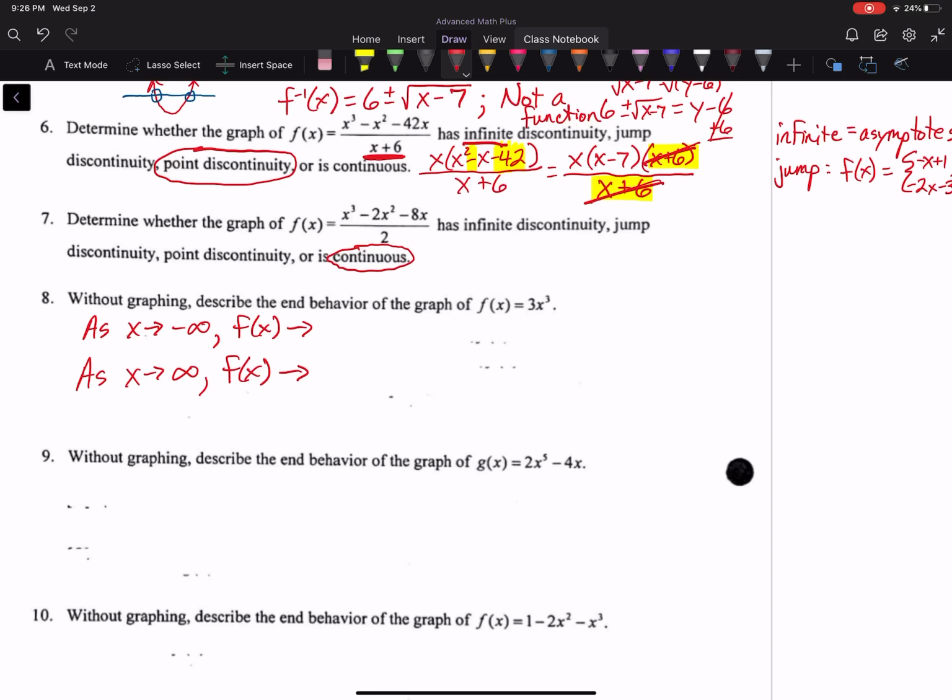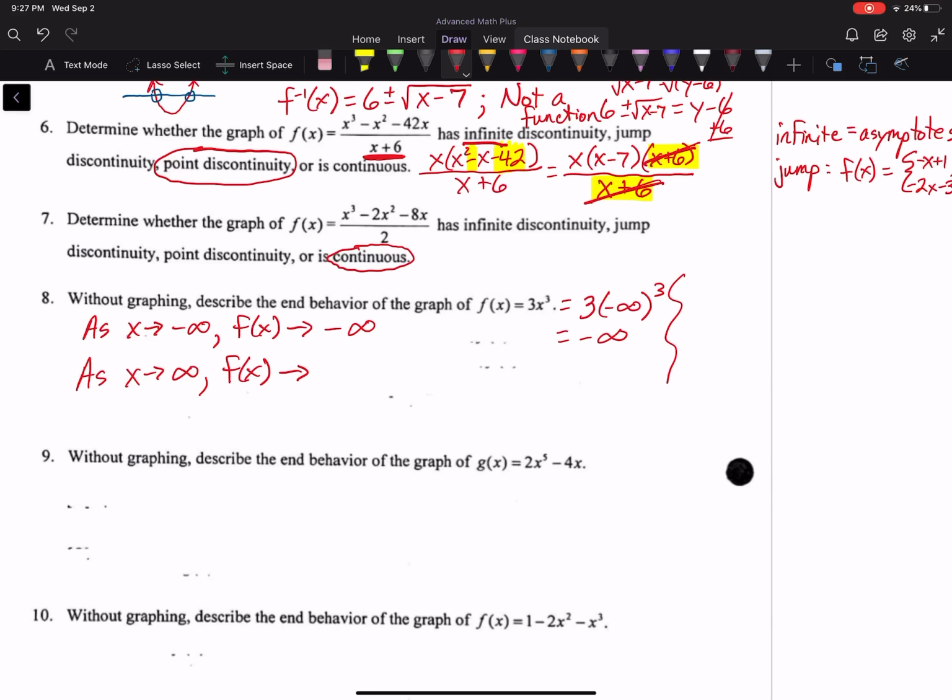These are the ones where we plug in infinity. So if I plug in negative infinity here, 3 times negative infinity cubed, negative infinity cubed is still negative infinity, so times 3 would be negative infinity. So as x approaches negative infinity, f of x approaches negative infinity.